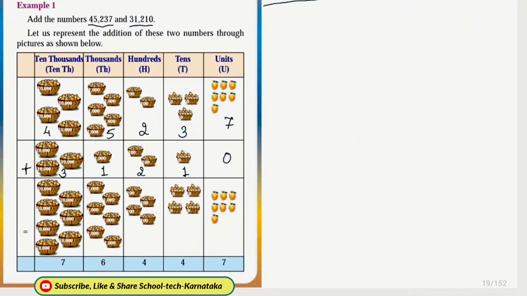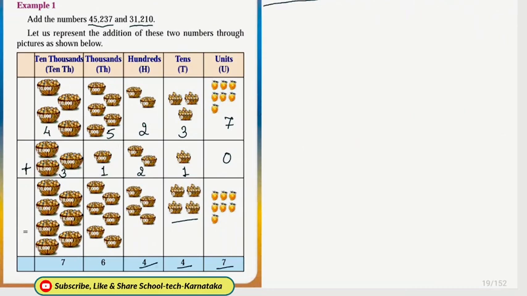we start with the digits at the units place. 7 plus 0 is 7 itself. So this is 7. Then 3 plus 1 we get 4. Now at hundreds place we have 2 plus 2, so we write 4.